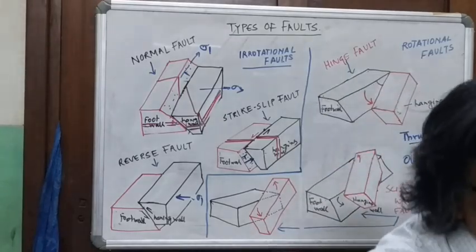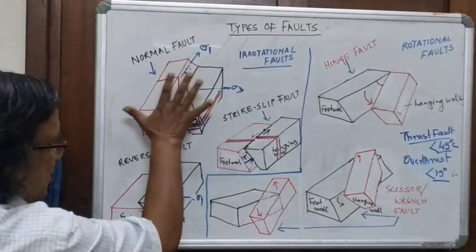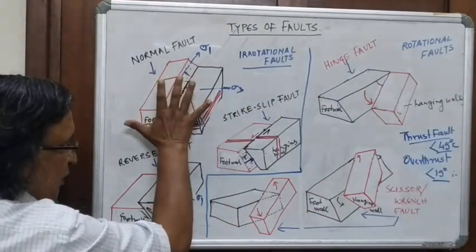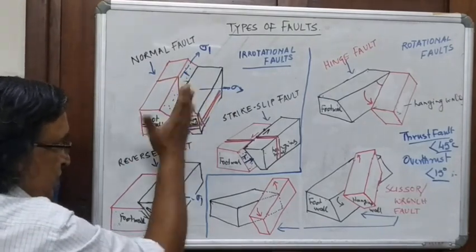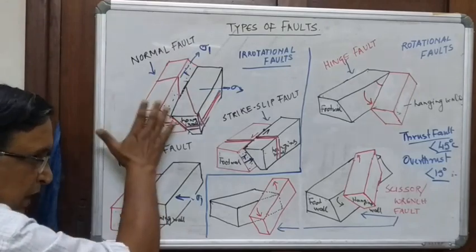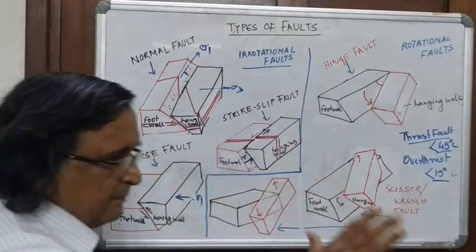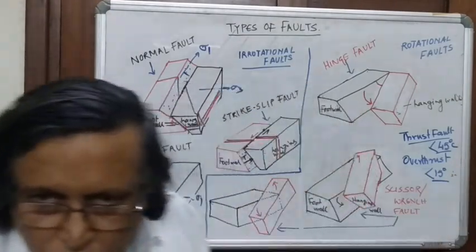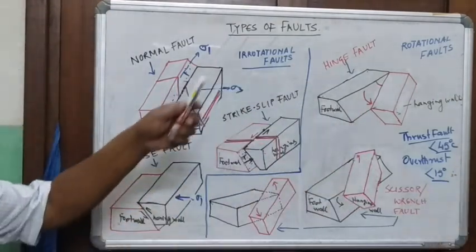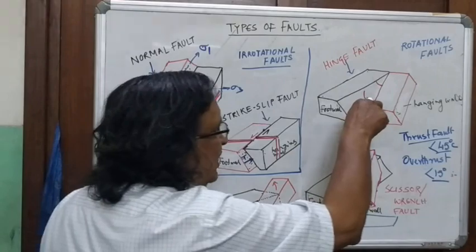The orientations modify, which is very different from irrotational faults. In irrotational faults, all structures in the hanging wall and in the footwall remain the same. Only there is translation, no rotation. No rotation is involved. But in rotational faults, this is what happens.